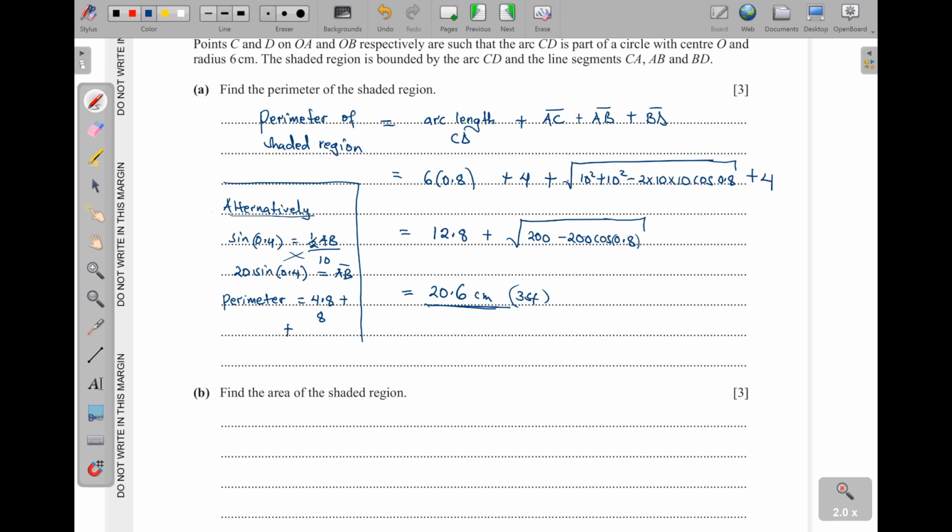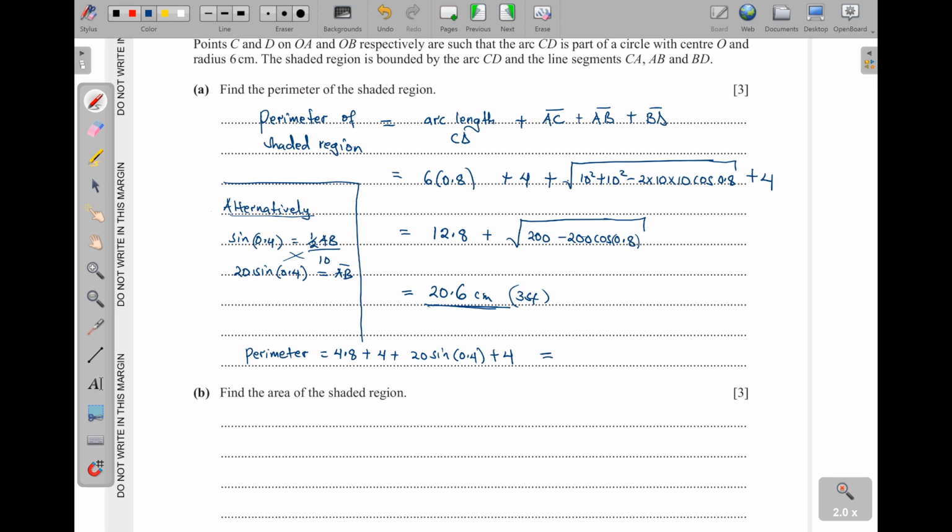In fact, let me take this one away from here. So perimeter is going to be that, then plus the 4, then plus now this 20 sine of 0.4, then plus the 4.